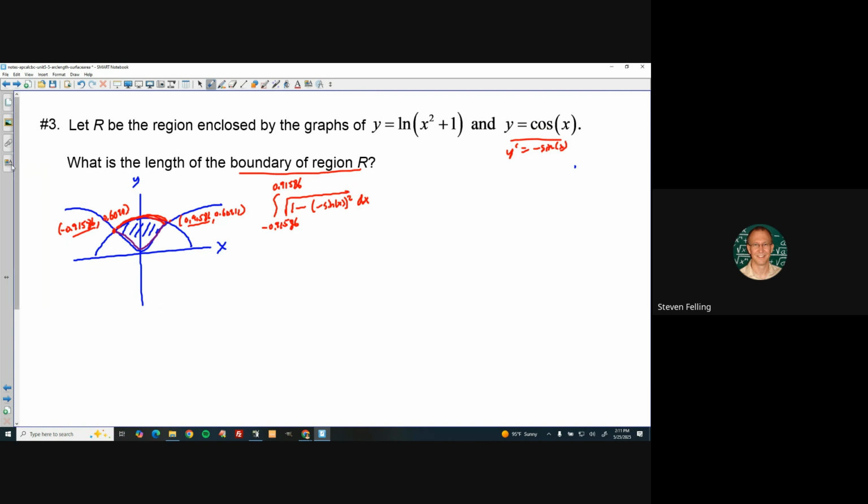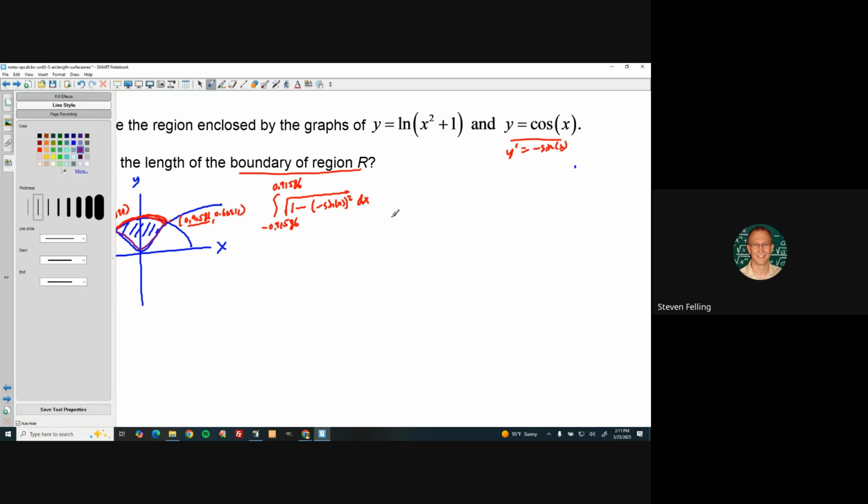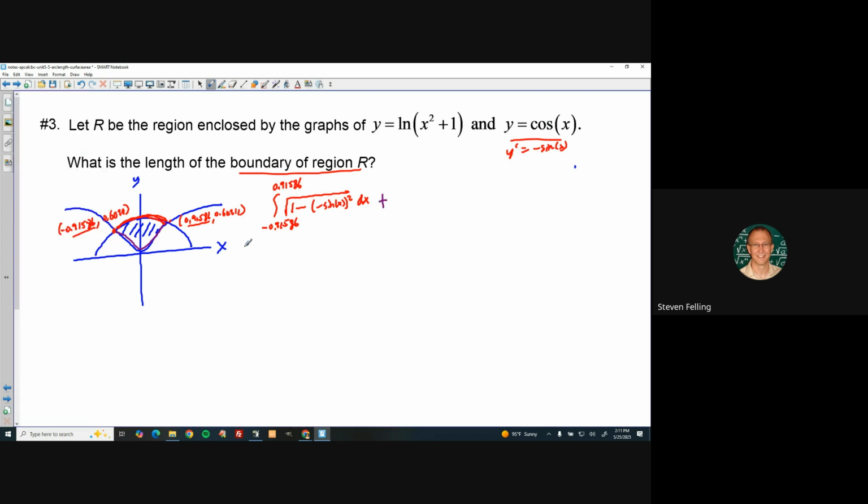And then for the purple curve, it's the same x boundaries. We'll add on to that because this is additional boundary. From negative 0.91586 to positive 0.91586, square root of 1 plus, but now I need the derivative of this. So the y prime here is the derivative of log, which is 1 over the input times the derivative of the input with the chain rule.